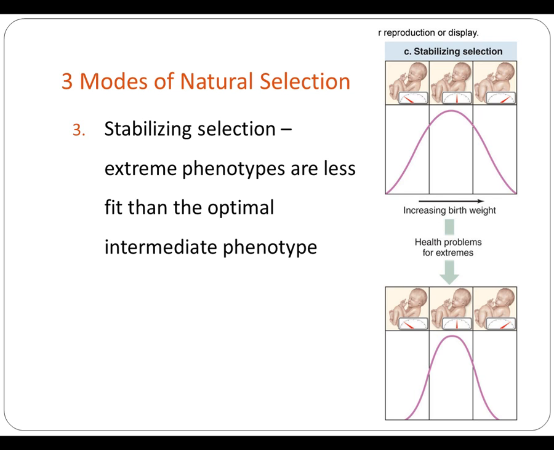One or two people are going to die. Physically, you think, well, bigger baby better, right? But you've got to get the baby out. So there are physical limitations to that. So in stabilizing, either extreme phenotype is not favorable, but the intermediate phenotype is favorable. And so human birth weight is a great example of stabilizing selection.